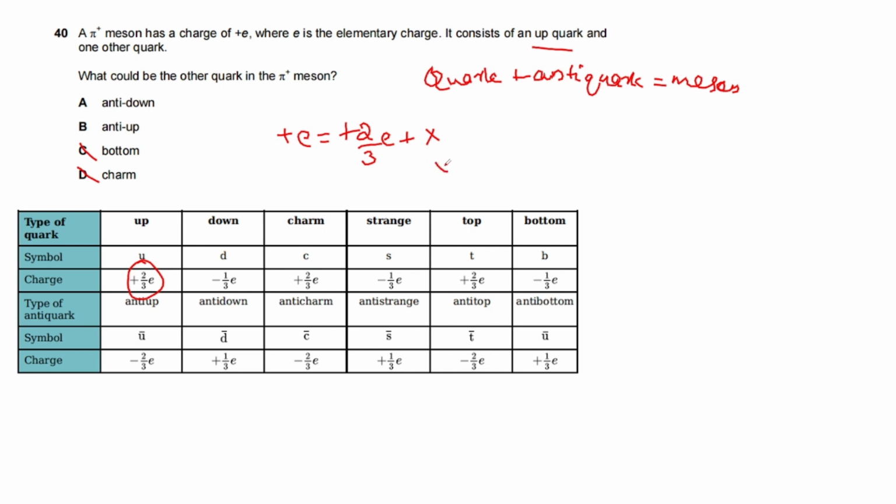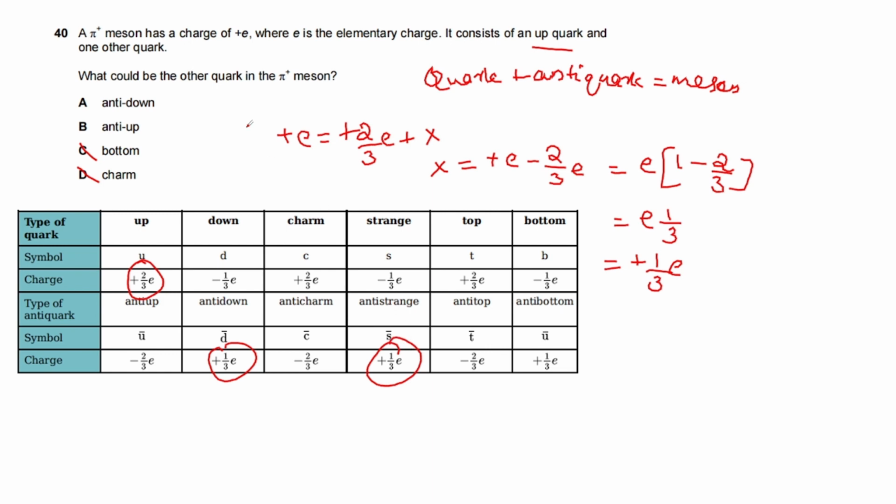Rearranging to find x, it is plus e minus 2 by 3 e. Taking e as common, 1 minus 2 by 3 gives 1 by 3. So the charge of this anti-quark is plus 1 by 3 e. Which of these anti-quarks has a plus 1 by 3 e charge? Anti-down and anti-strange. Which option is correct? Option A, because anti-strange is not given, only anti-down is given. So option A is the answer.